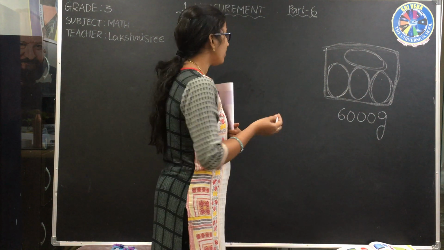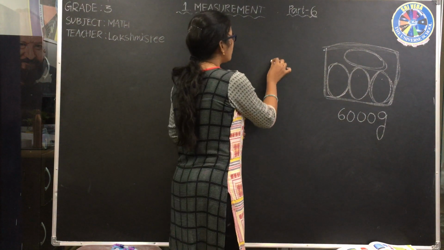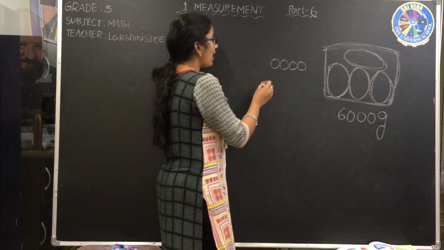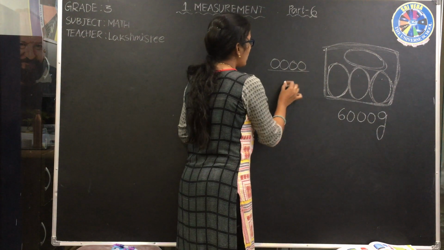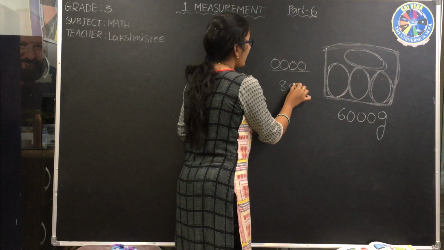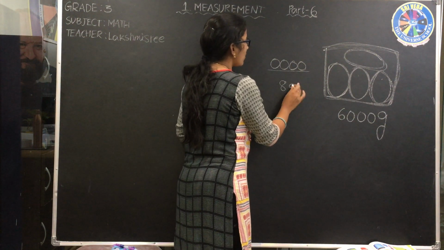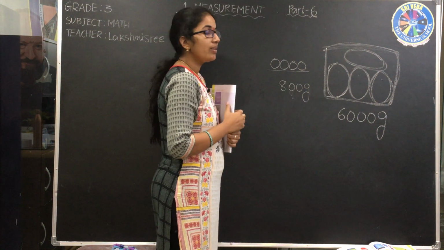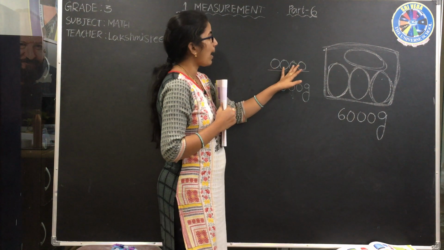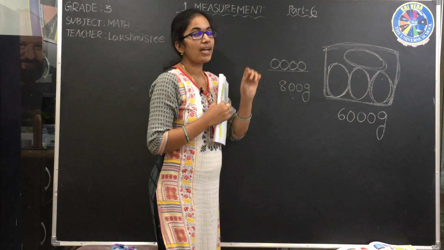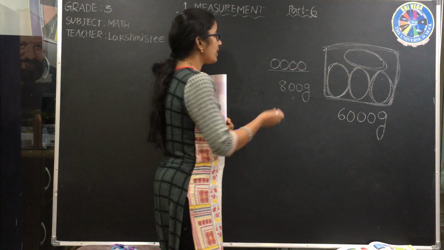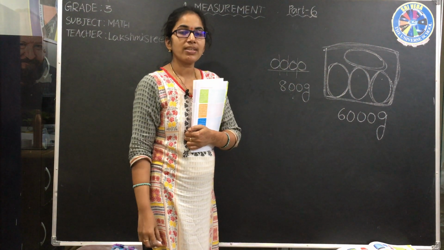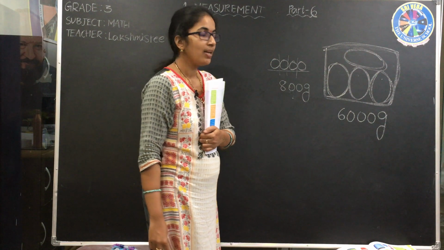For example, you have 4 apples, and the weight of the total apples is 800 grams. The weight of these 4 apples is 800 grams. What is the weight of each apple?